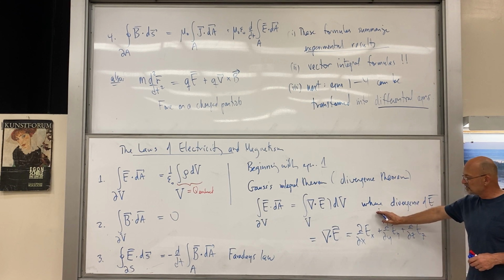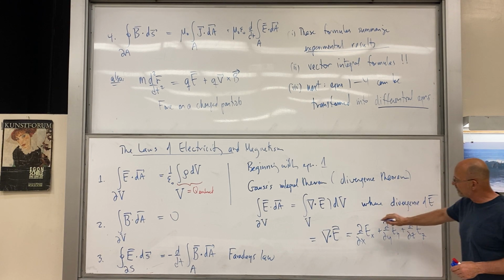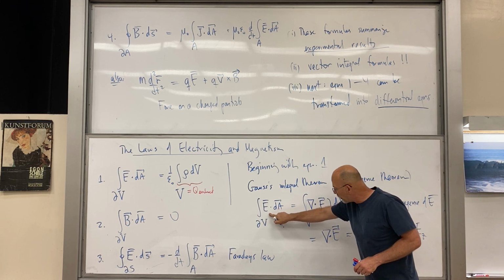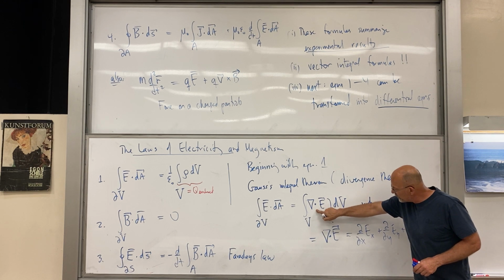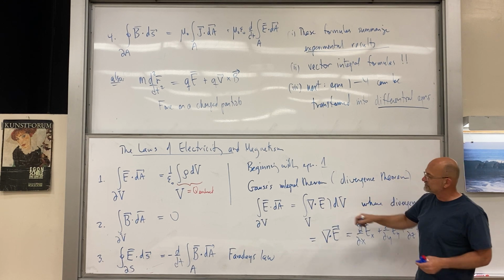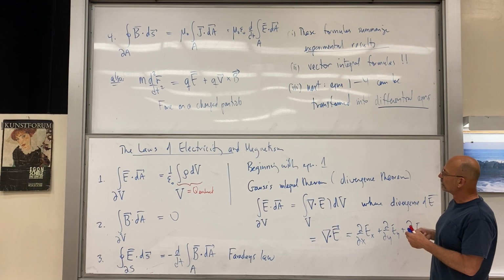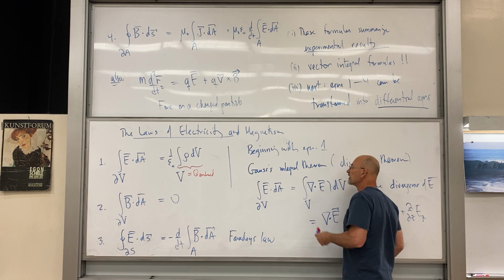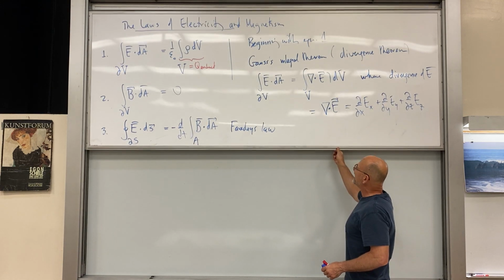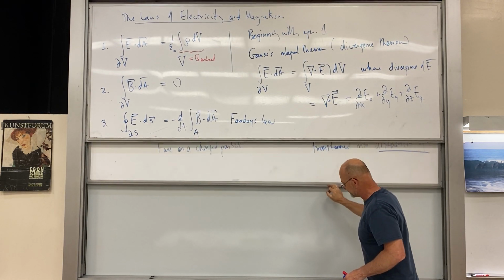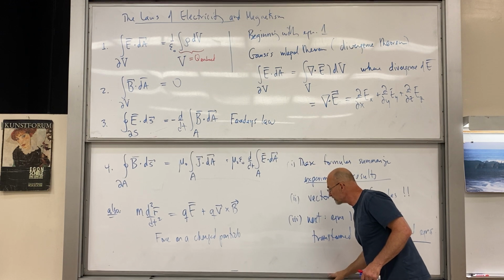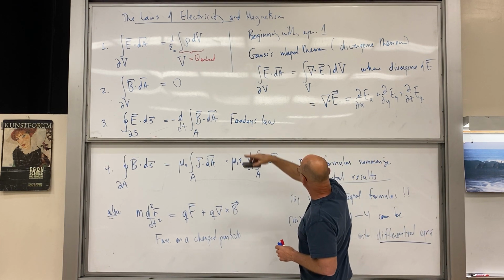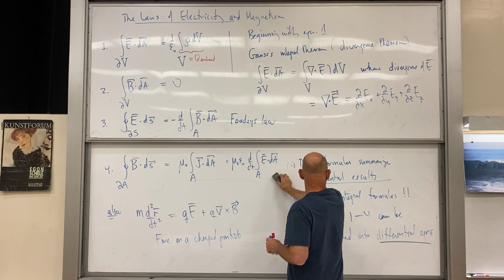So that's the operation, and if you have a vector flux integral, you can transform it into the divergence of E over a volume. Okay, so we're going to do that. I'm going to work right under here just to keep these things in sight. We're going to do that for all four integrals, but the first two integrals use the divergence theorem.